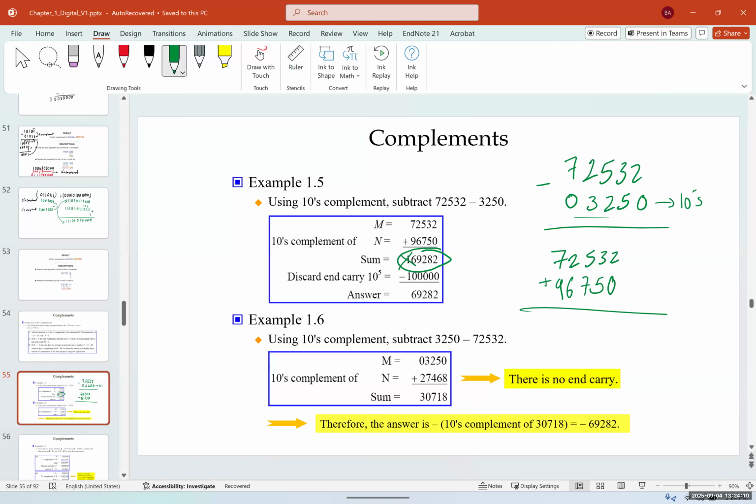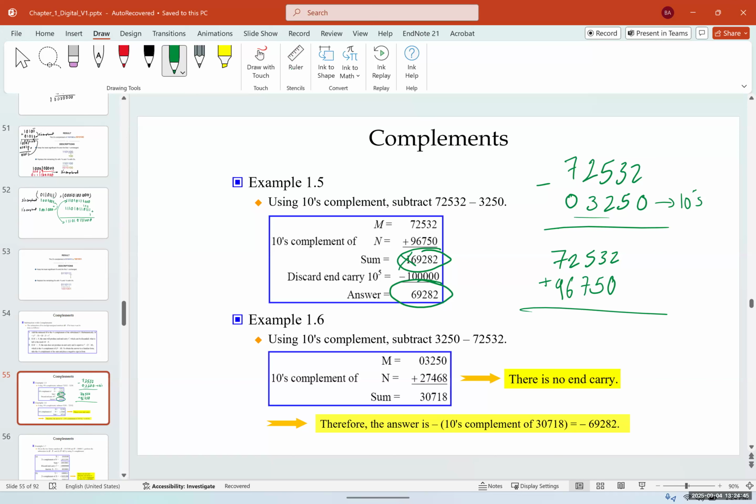So what we do is we will simply get rid of the end carry or the last digit on the left, and the answer will be 69,282. And you can use your calculator to double check as well. So please subtract 72,532 minus 3,250. Okay. Did you get the same result? Okay.